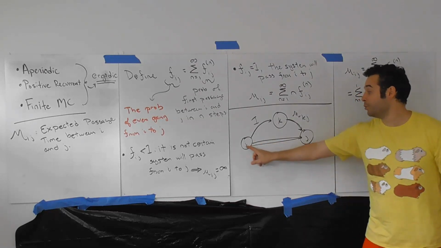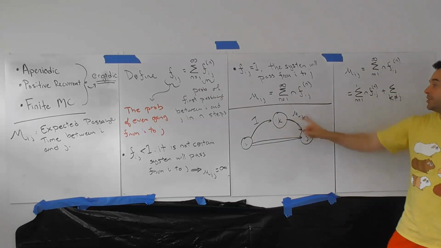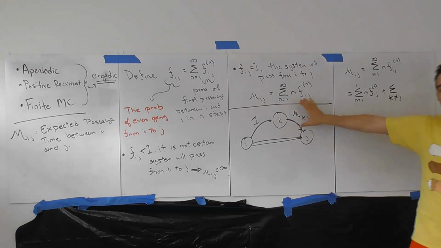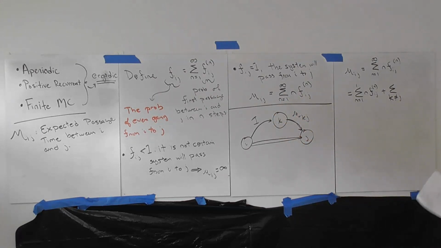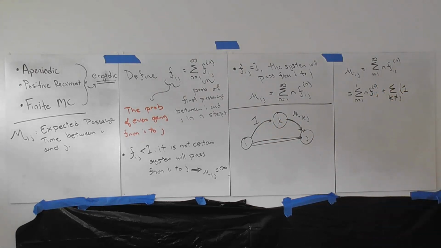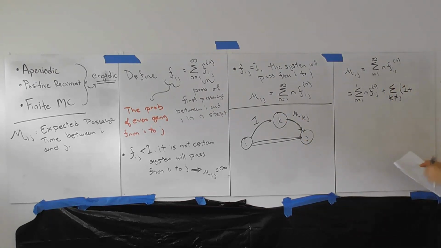We could go from i to j directly, or maybe we go to some third state k, so we look at all the possible states k that we could have gone through. It takes one step to get to k, and then we're left with however long it takes on average to go from k to j, so we'll have mu kj.